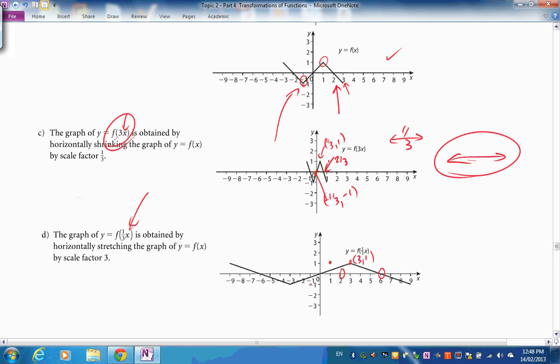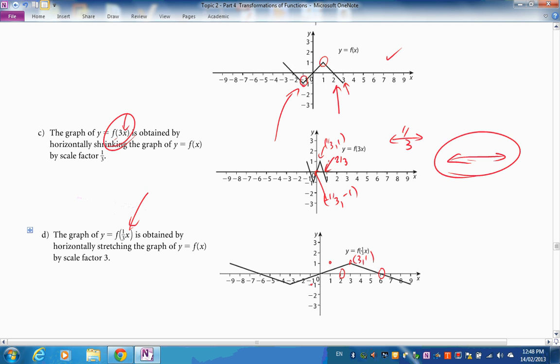And it was neg 1 before. So now to get neg 1, it's got to be 3 times that value. It's neg 3. Hang on, we'll just get this right now, neg 3, 1. All right, so do you get the idea there?